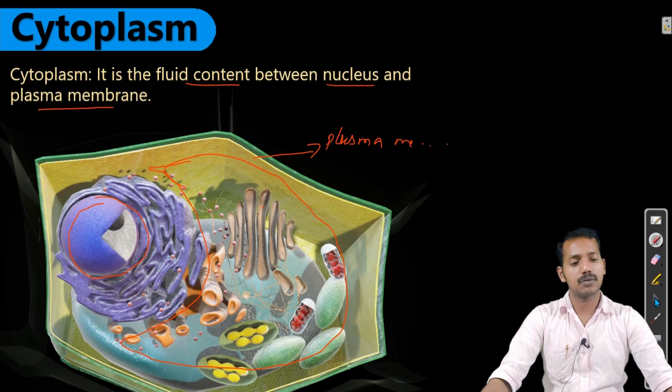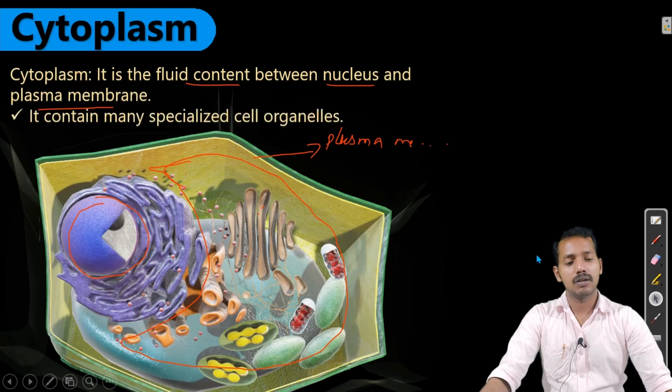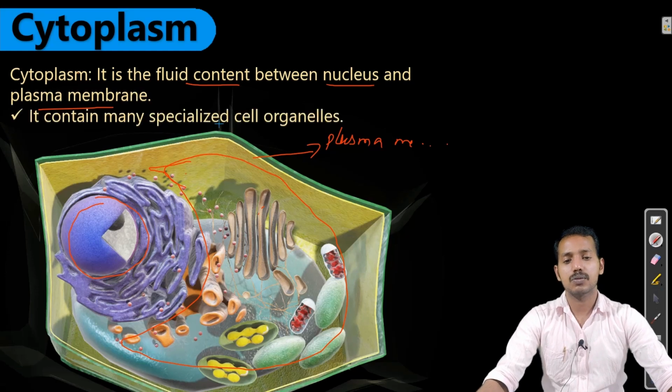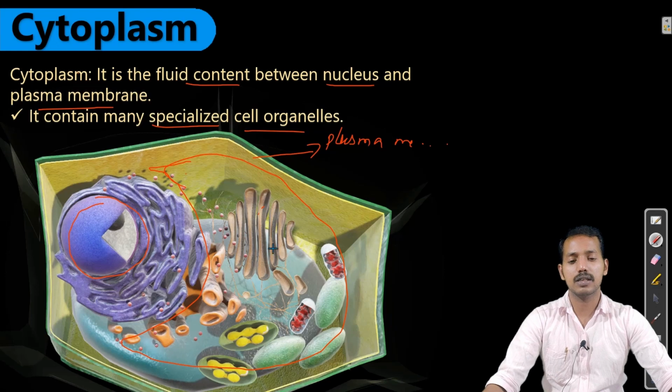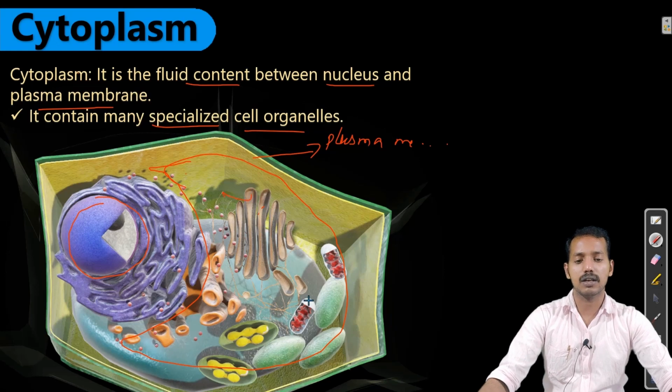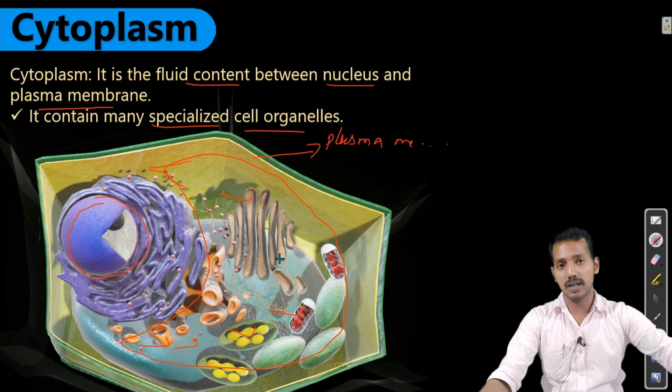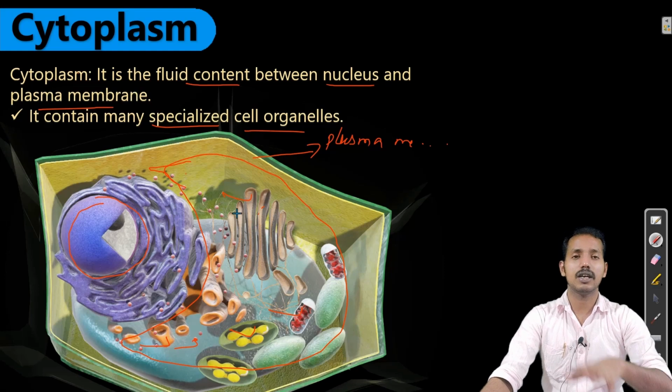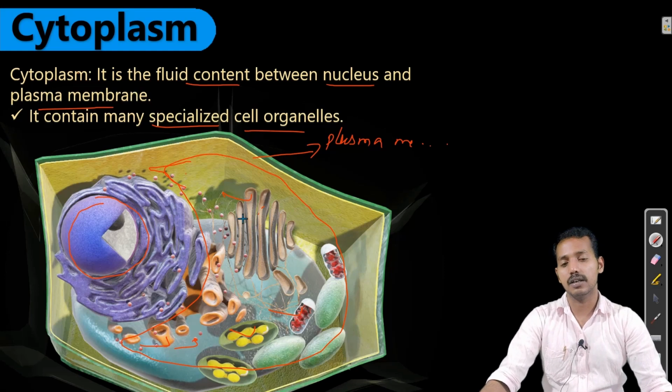It also contains many specialized cell organelles. You can see here, this is one kind of cell organelle, this is another kind, and some small cell organelles are also present. So different kinds of well-defined cell organelles are embedded in this cytoplasm. It is a fluid content.